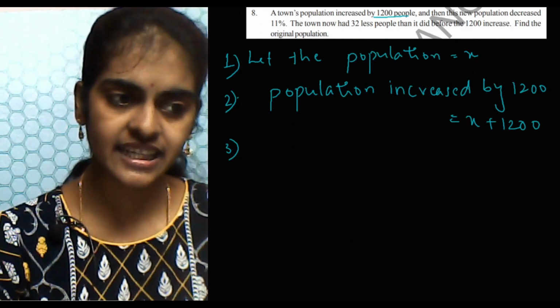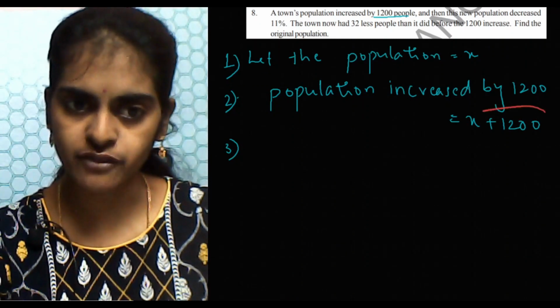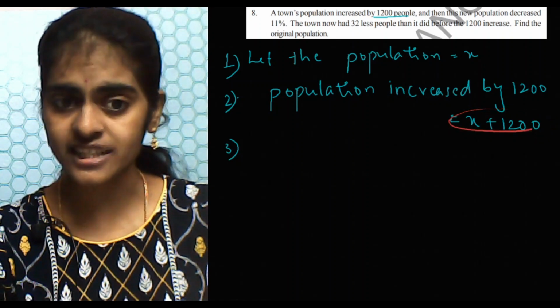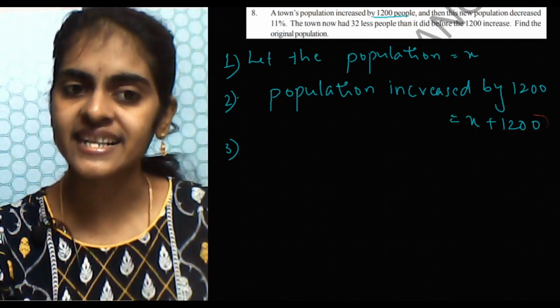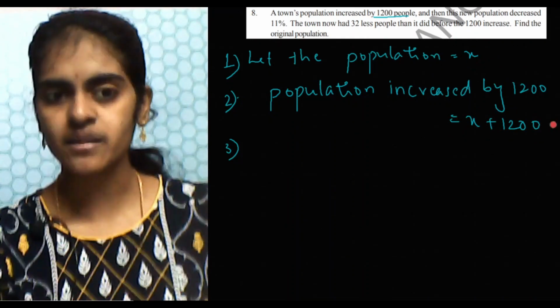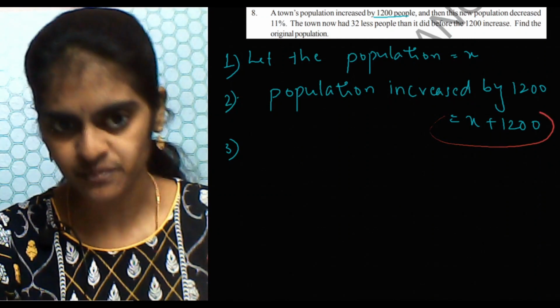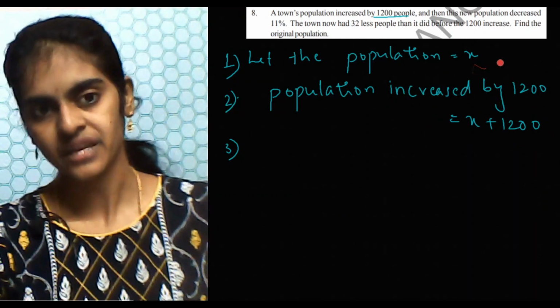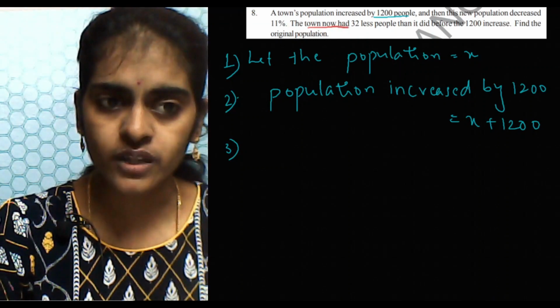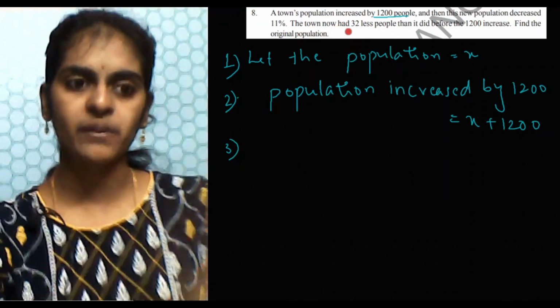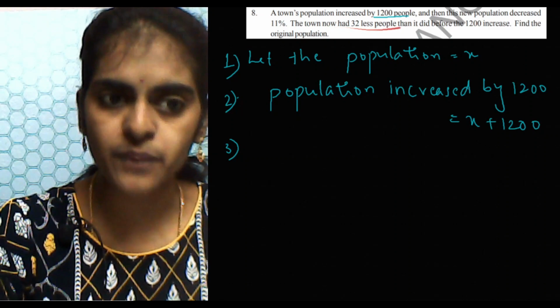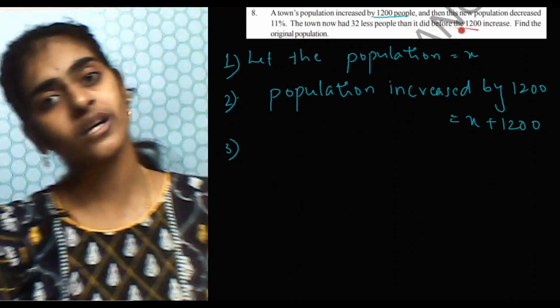Just see now, before this 1200 increase, what is the population of the town? It is nothing but x, isn't it? Before this 1200 increase, the original population is x. Now what is given? The town now had 32 people fewer than it had before the 1200 increase.